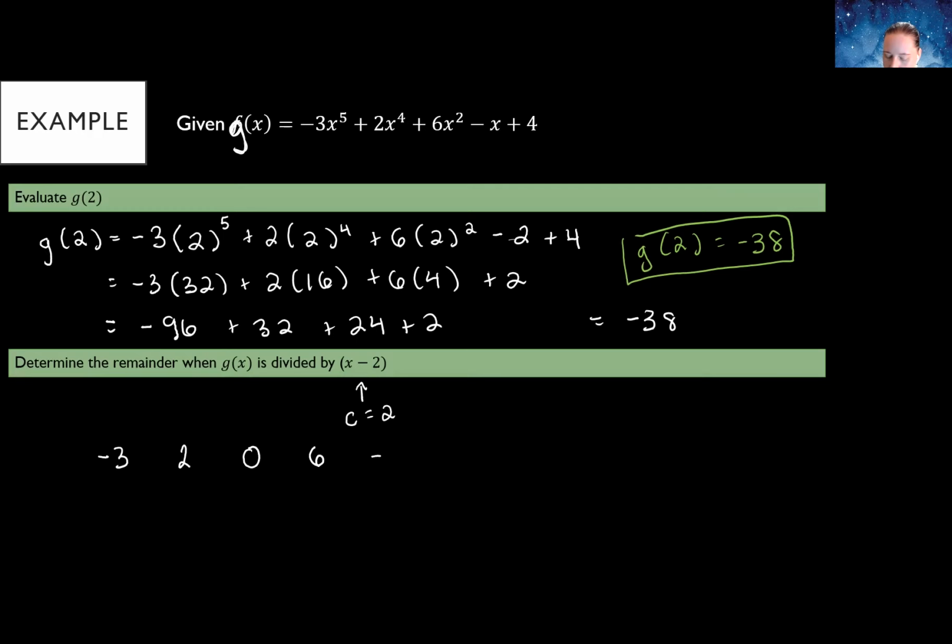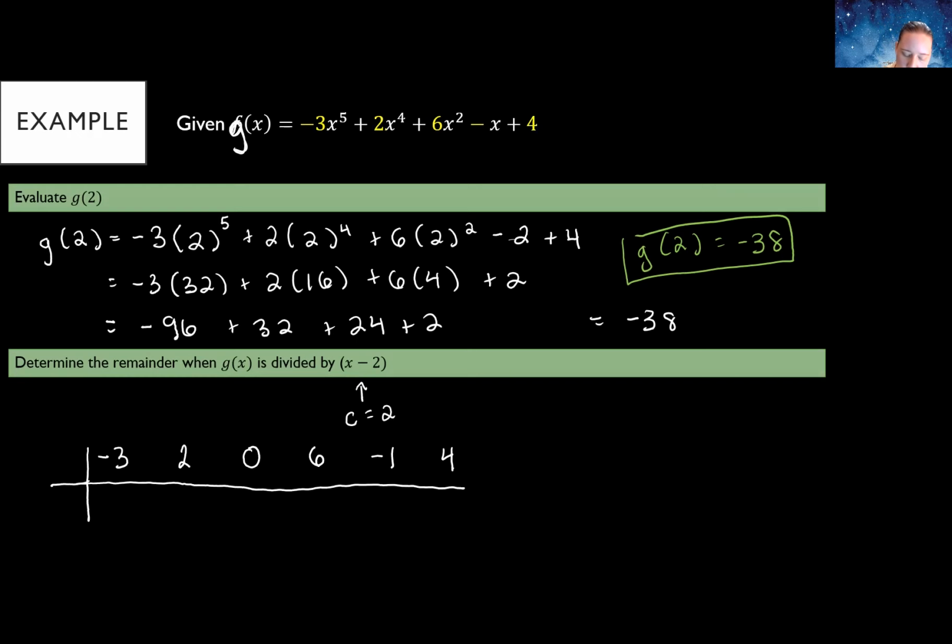For X, it's starting with a negative 1, and then my constant is 4. So I'm just taking the coefficients from our function. We have negative 3, 2, I had a 0, then a 6, and then a negative 1, and then a 4.